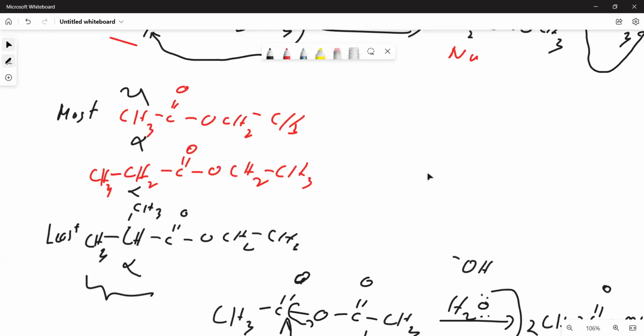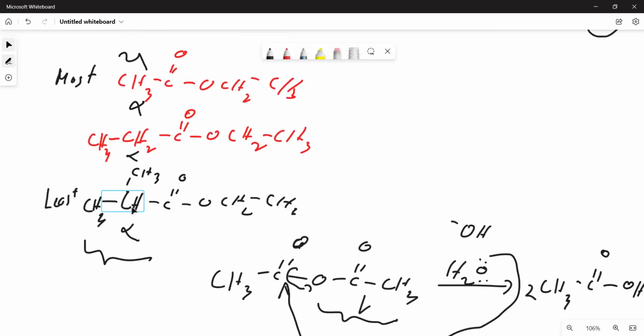Okay. So if there is no alpha carbon, of course, there is no alpha hydrogen, there is no Claisen condensation. So the alpha hydrogen must be there. Okay. So which of the 3 is the most reactive and the least reactive?